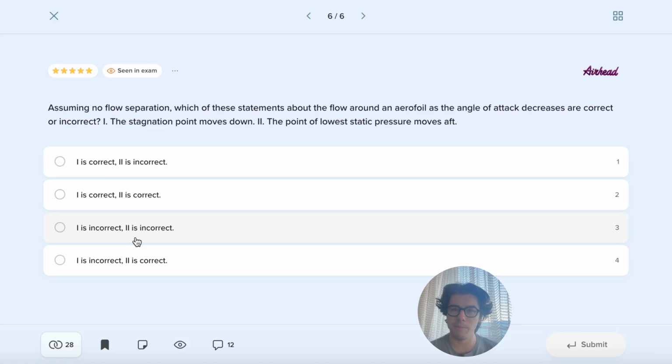It used to be a music band, and they still play music, and mainly the first part, Daft. So decrease of angle of attack, the static points move aft. Decrease, aft, Daft. That's how I used to think about it, and of course the opposite is true for the vice versa situation. So in this case, the second point is true, meaning we have incorrect and correct answers for this question.